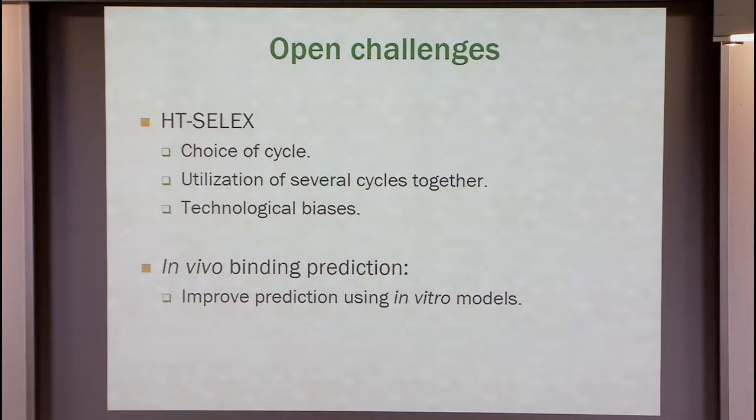No one has been able so far to utilize several cycles together. So maybe by observing what happens through the cycles, we can come up with something more accurate about the binding preferences than just looking at a single cycle. And of course, with every technology, we have technological biases, so we need to cover them. As I mentioned before, this is one of the big challenges that the gene regulation community is still trying to solve.